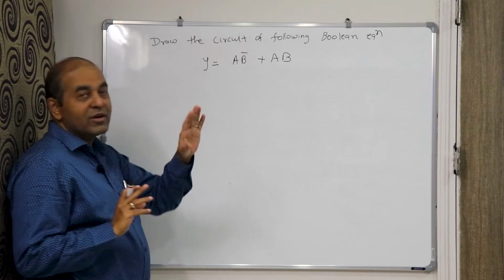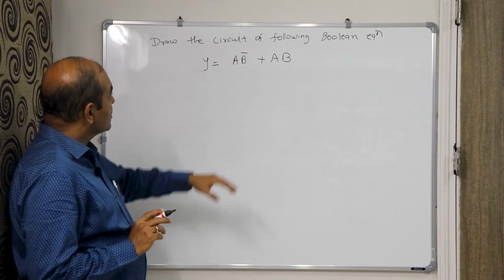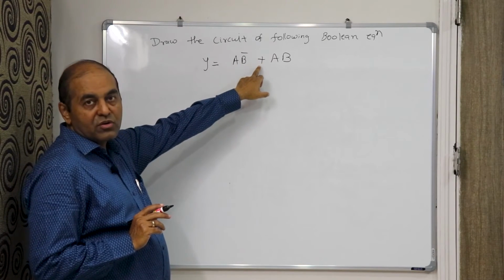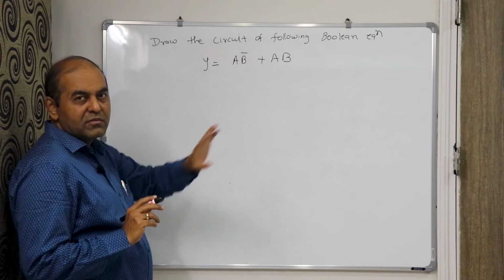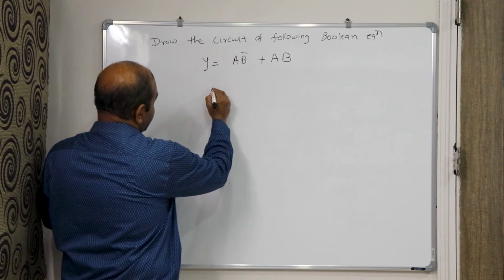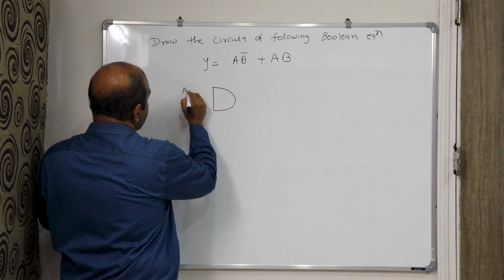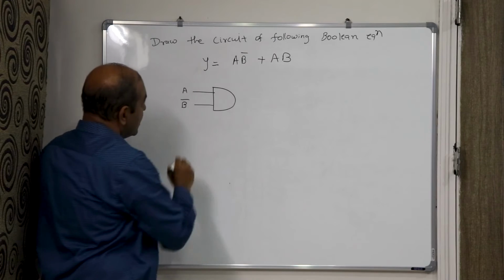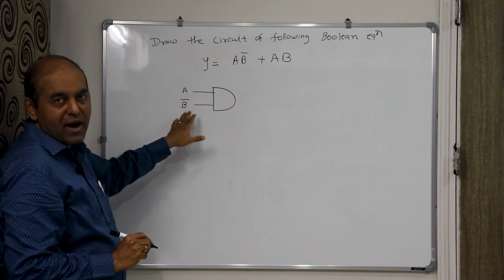Y equals A B bar plus A B. So look here, this is an application of AND gate, this is an application of OR gate, and actually this is an application of NOT gate, but at present, because we are at a higher level, we can use this. In place of a NOT gate, directly we can show B bar.